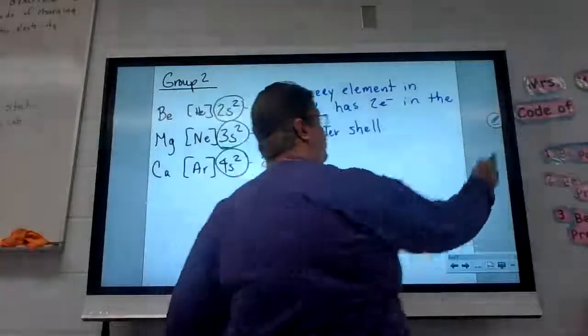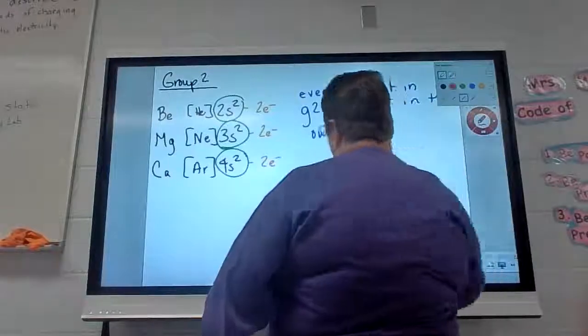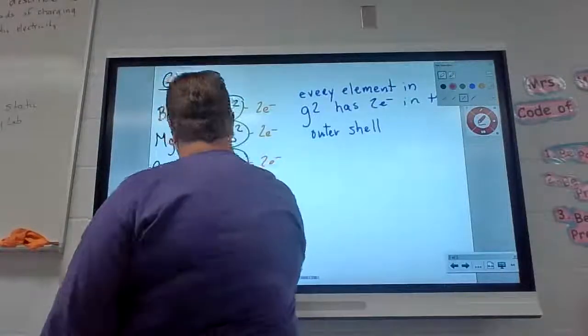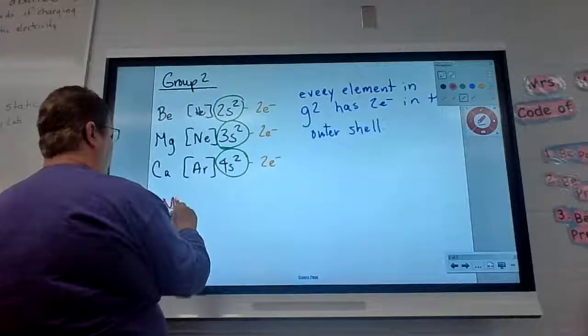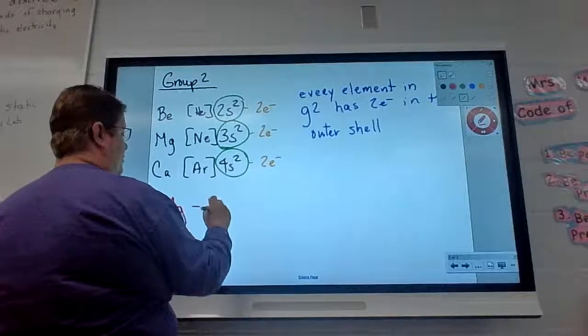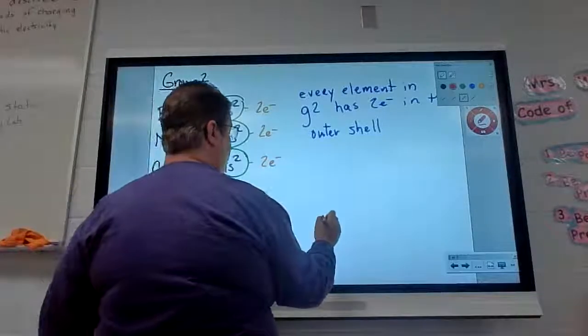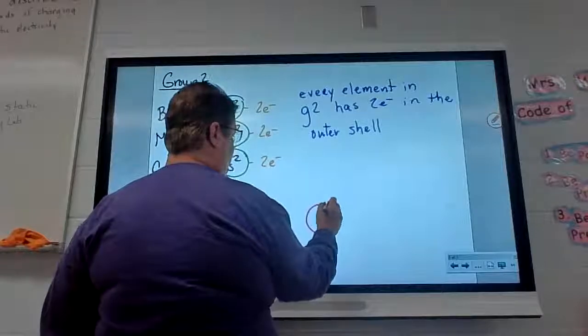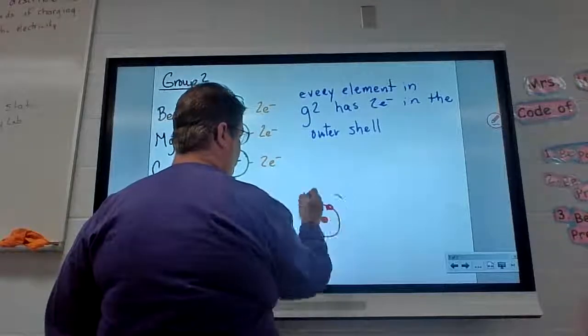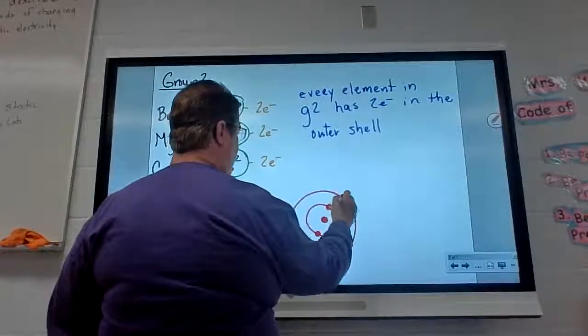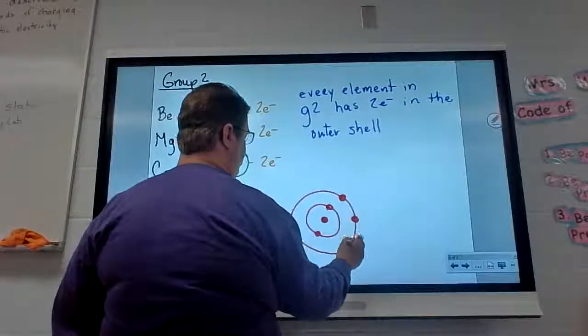Now, I'm just going to draw Mg, because again, it's sort of in the middle of the road. It has 12 electrons. It's just like sodium, so the second ring will have 8.